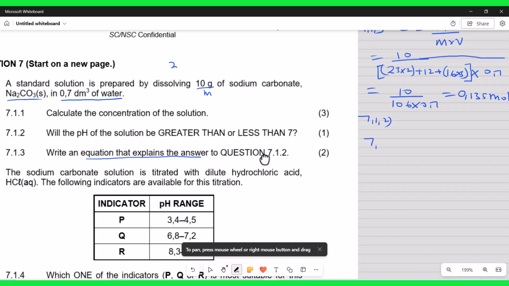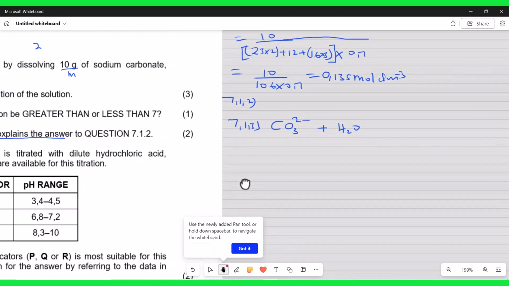Like I told you, the sodium carbonate gives the sodium ions in solution and the carbonate ions. So if I have the carbonate ions in solution, that is CO3 2 minus, and then I bring in the water, H2O. So check this out, what's going to happen now?